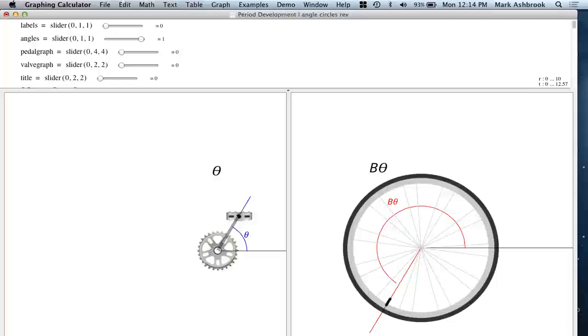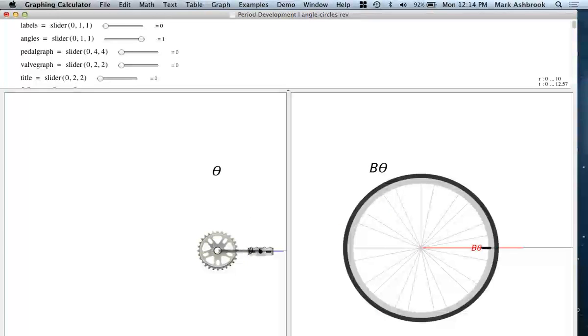So what angle will we need for the tire valve to make one full rotation? What angle should I turn the pedal so that the tire valve makes one full rotation? Think about that. How many radians should I rotate the pedal so that the tire valve makes it all the way around once?